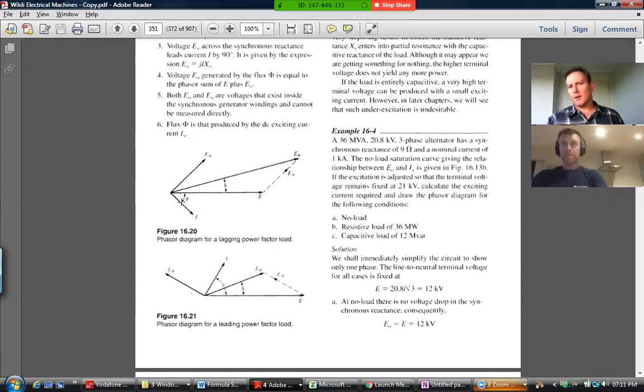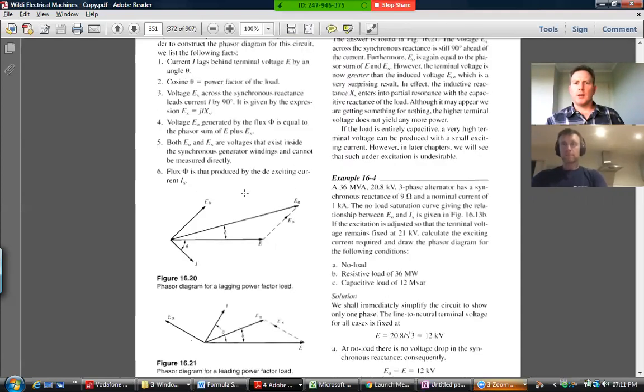The size of the current gets dictated by, well, either you might have a Z of the load, or perhaps the load is given to you where they specify it as a certain amount of MVA, or even a certain amount of megawatts or kilowatts.